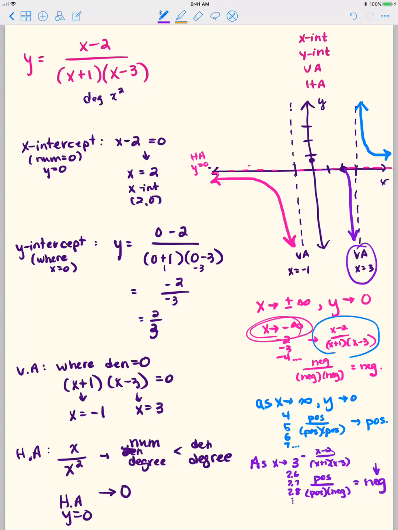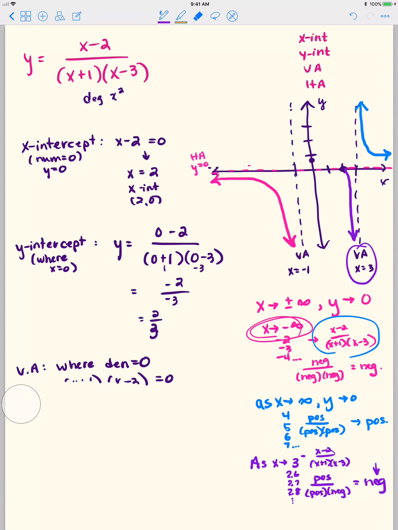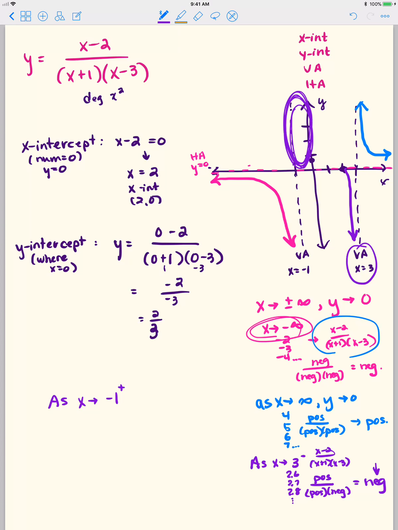And we can do the same thing, get rid of some of this other here. We can do the same thing as x tries to approach -1 from the right. We want to try to figure out, as it comes to that vertical asymptote from the right, what does the graph do? So if we look at -1 from the right, those are values like -0.2, -0.5, -0.8, something trying to approach -1.